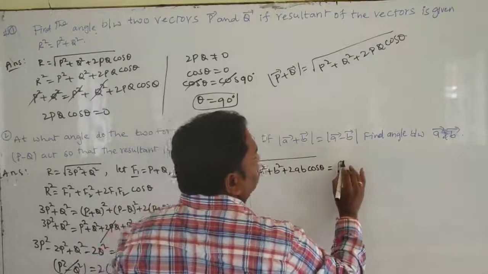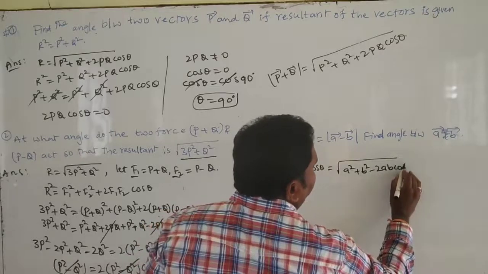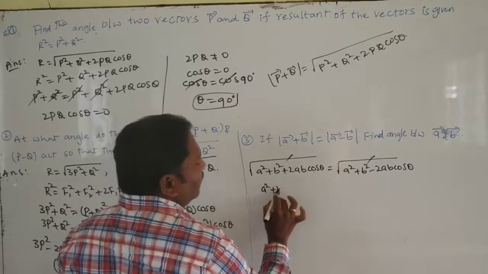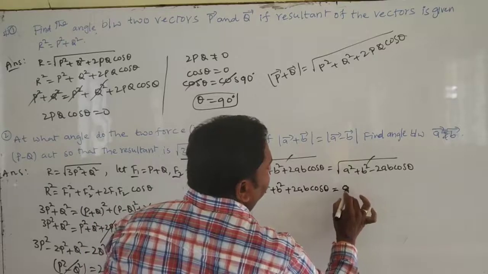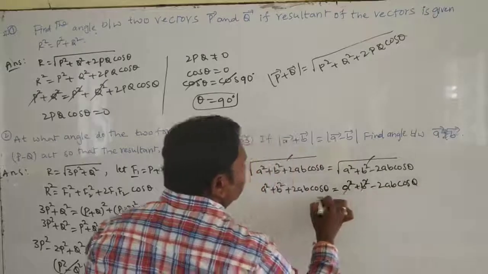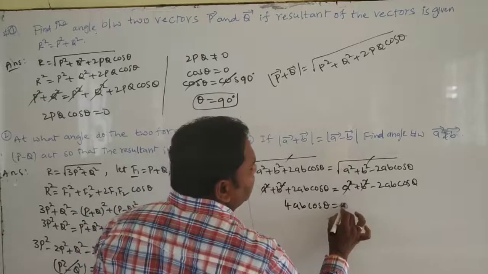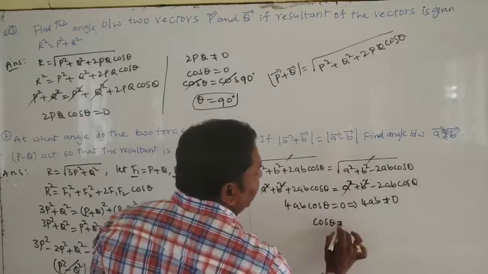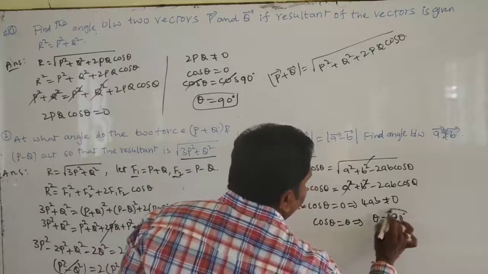This equal to root over A square plus B square minus 2AB cos theta. Both sides squaring, A square plus B square plus 2AB cos theta equal to A square plus B square minus 2AB cos theta. Both are cancelled. So 4AB cos theta equal to 0. So 4AB is not equal to 0. Cos theta equals to 0. So theta equals to 90 degrees. So like this.